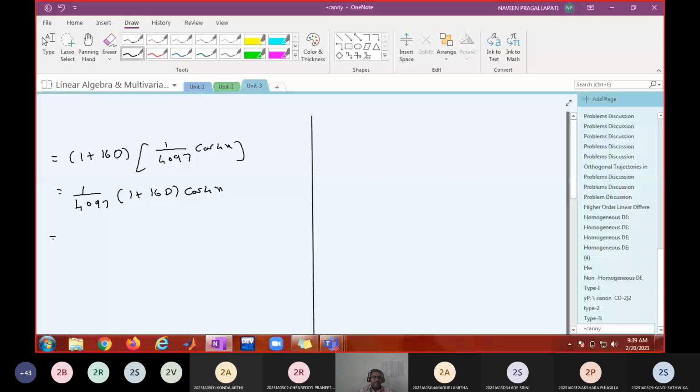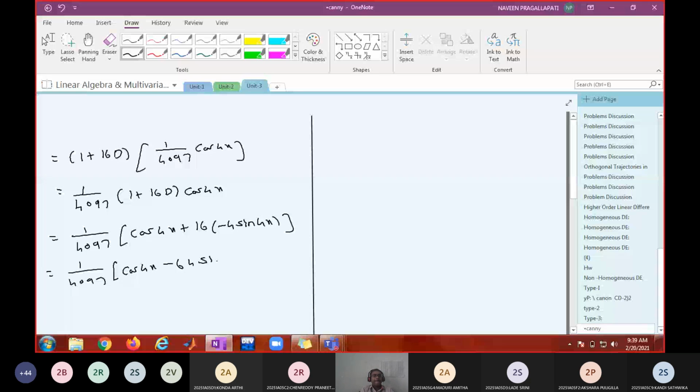So what is this? 1 by 4097 cos 4x plus 16 times the derivative of cos 4x. What is the derivative of cos 4x? Minus 4 sin 4x. So the final answer is 1 by 4097 (cos 4x minus 64 sin 4x).